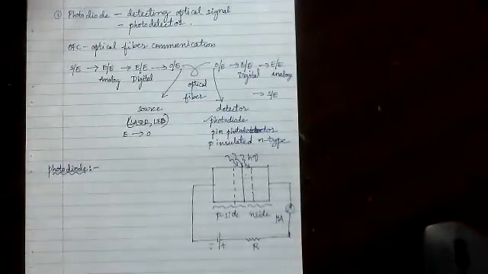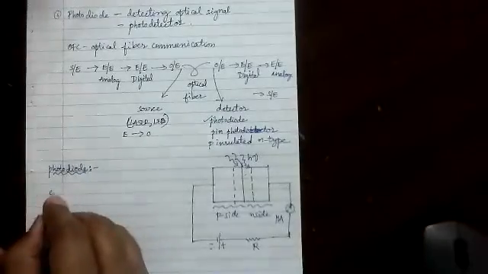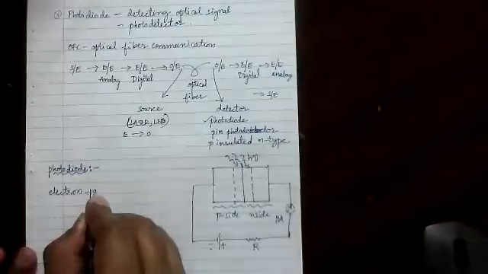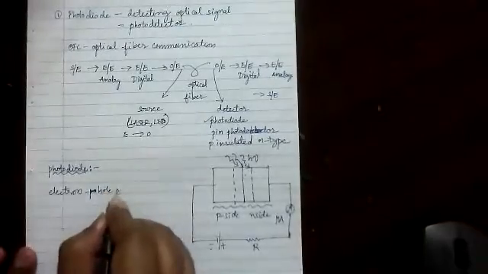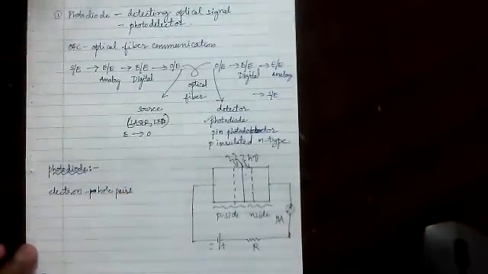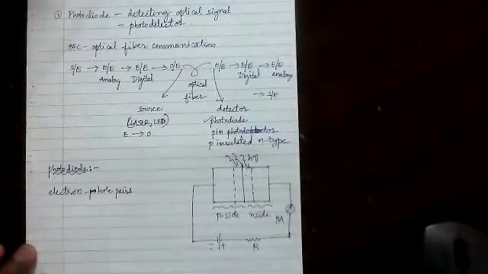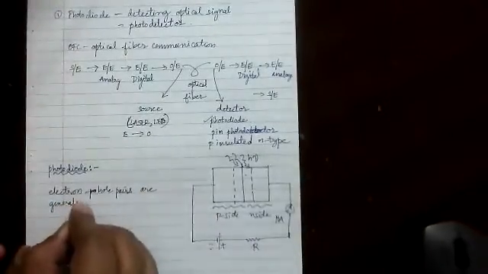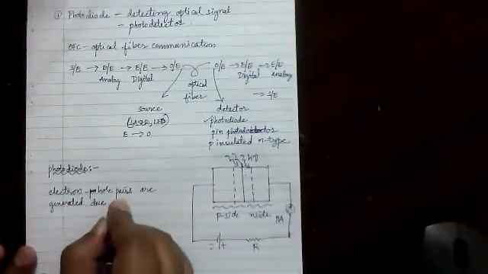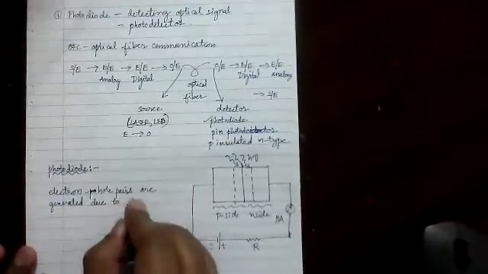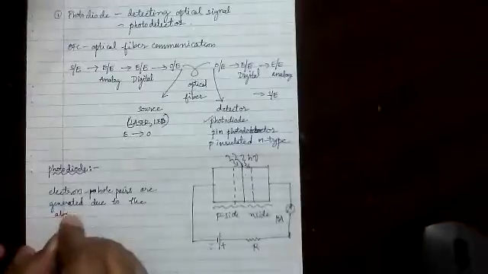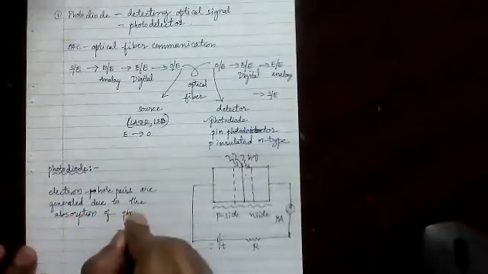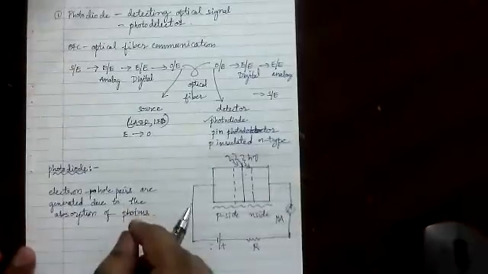So I will write here: electron hole pairs are generated due to the absorption of photons.